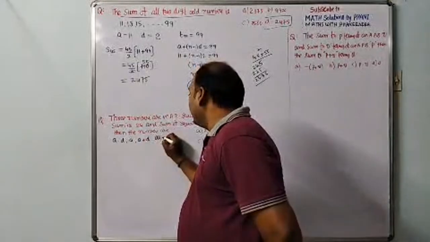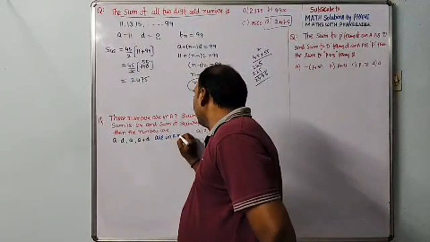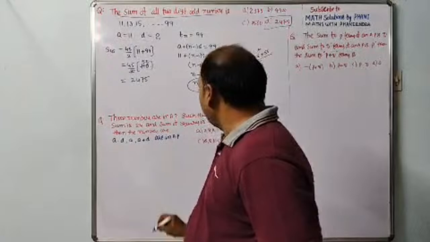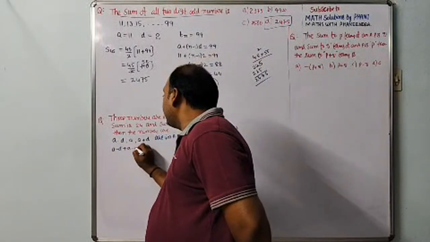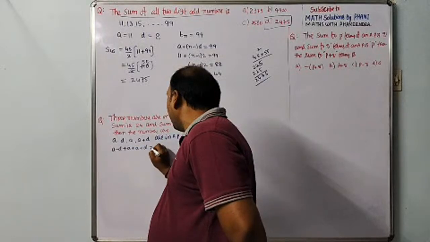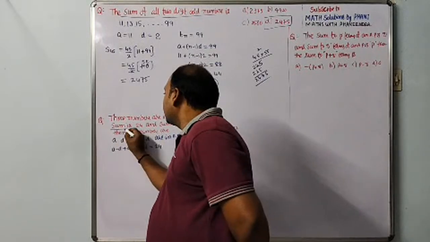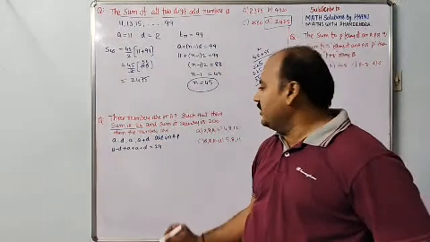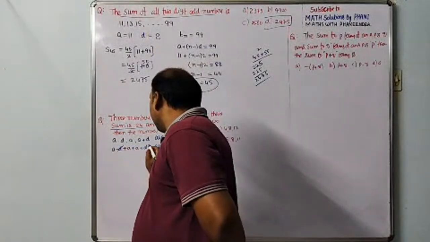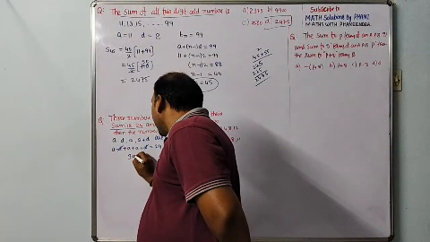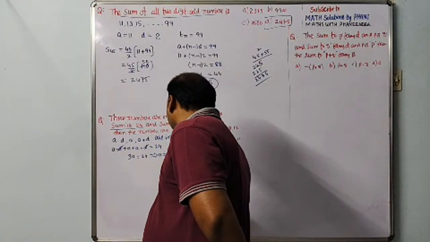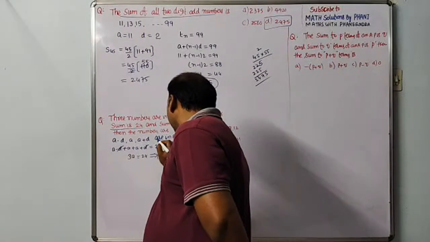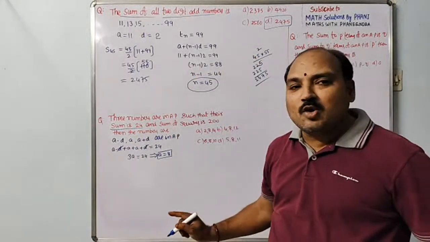Now the sum of these, a minus d plus a plus a plus d, is 24. The plus d and minus d get cancelled, so 3a is equal to 24. That implies a is equal to 8.